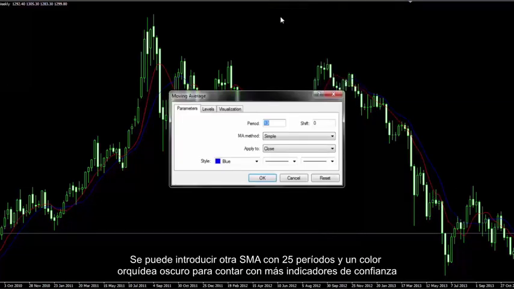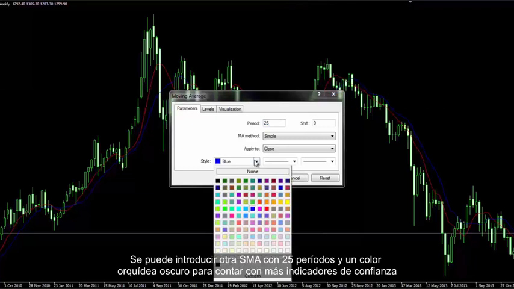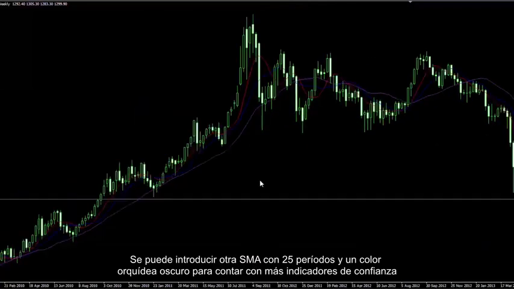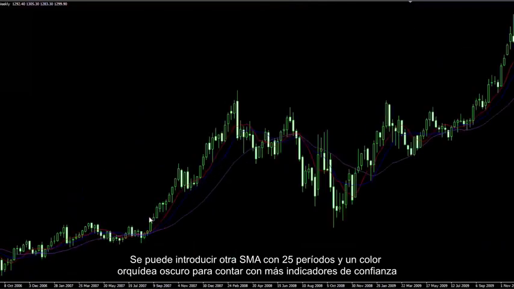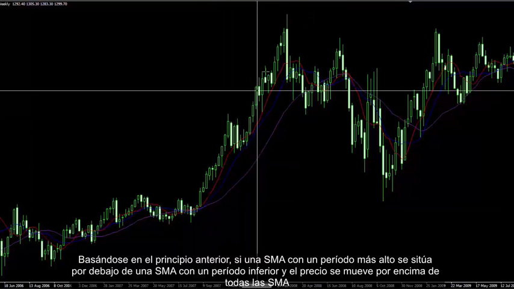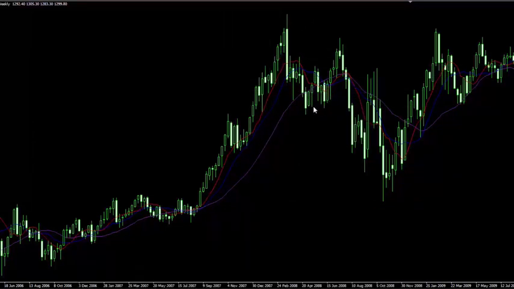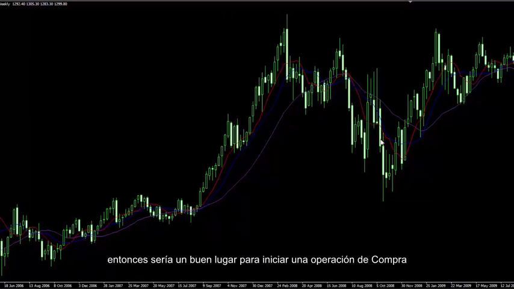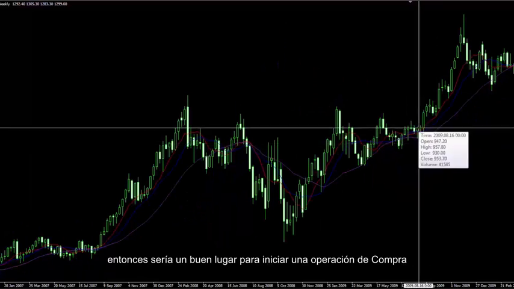Another SMA with 25 periods and dark orchid color can be inserted for more trustworthy indicators. Based on the principle, if SMA with higher period is placed under SMA with lower period, and the price moves higher than all SMAs, then there would be a good place to order a buy trade.